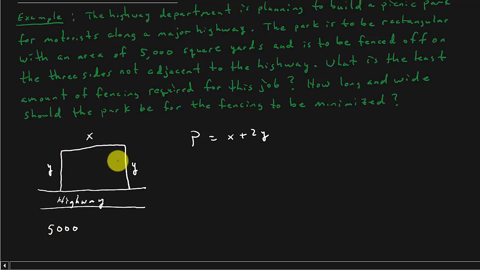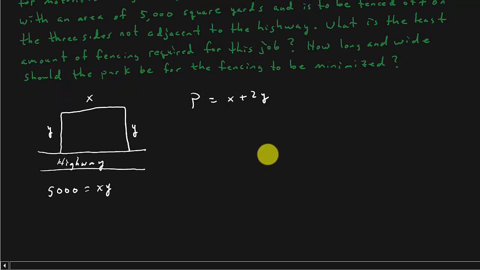Well, what's the area of a rectangle? Length times width, or X times Y. And what we can do here is we can solve this for Y, and you could solve it for X if you wanted to. It doesn't matter, okay?